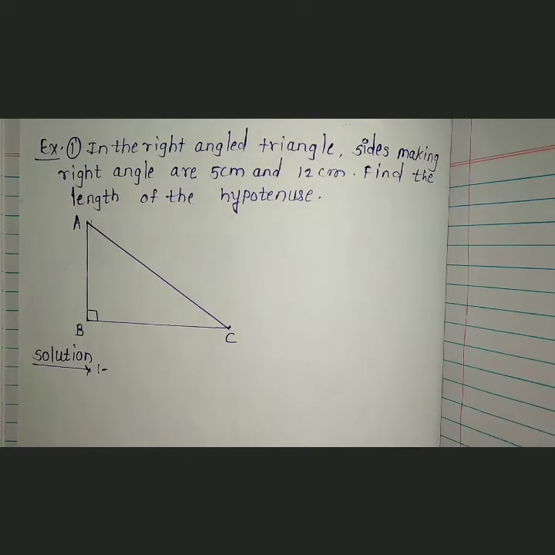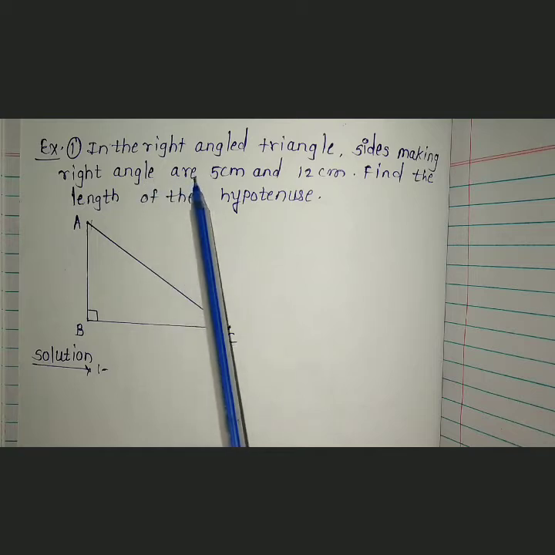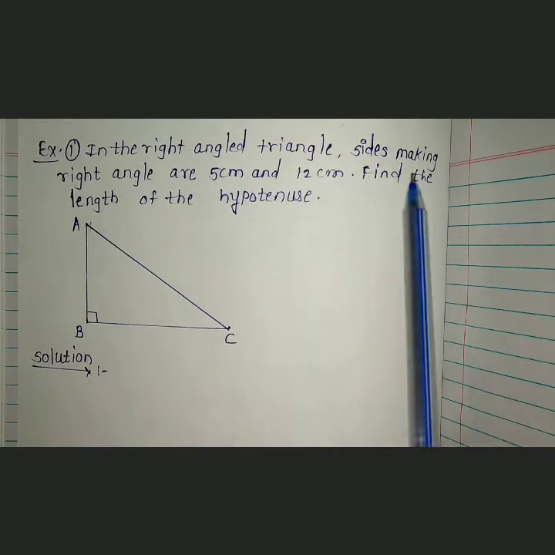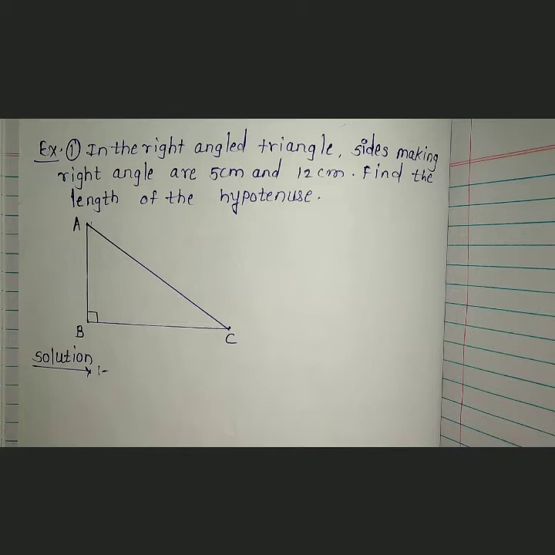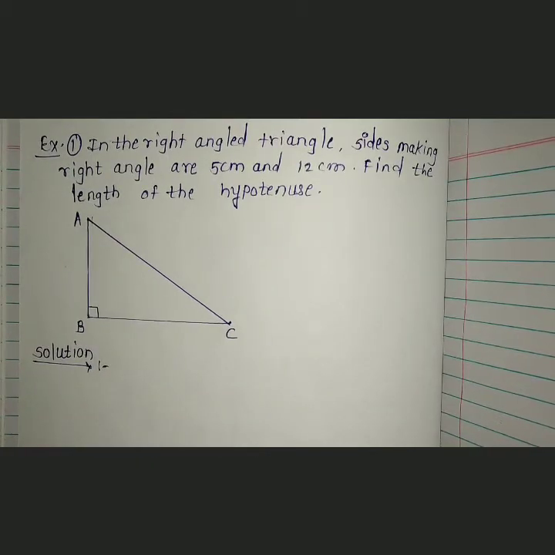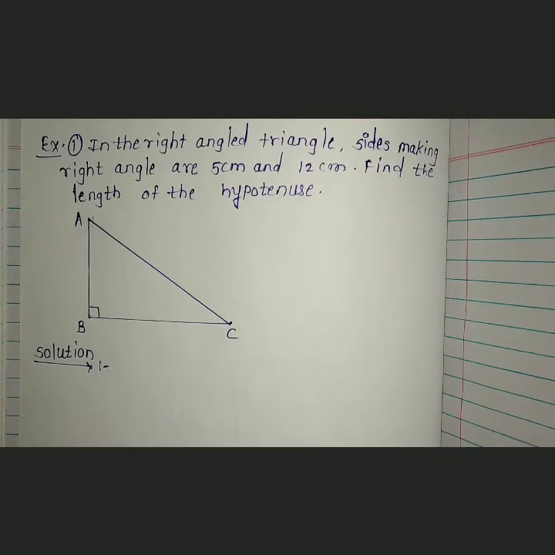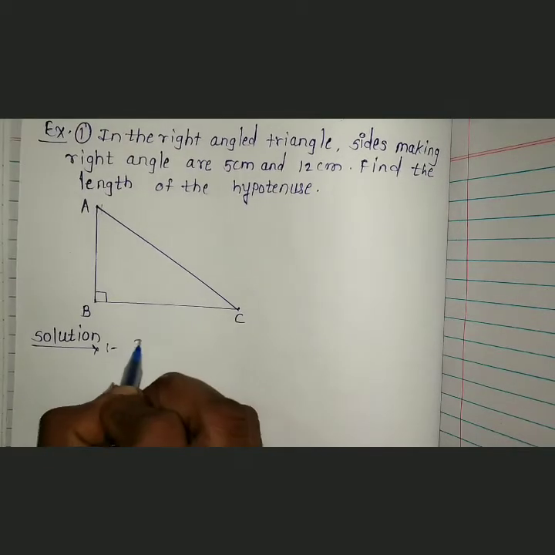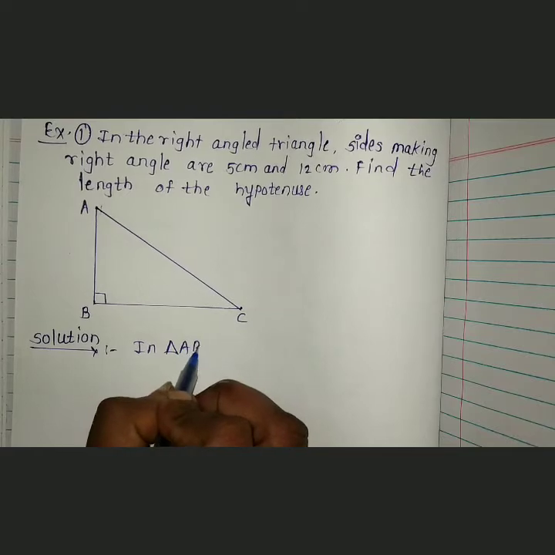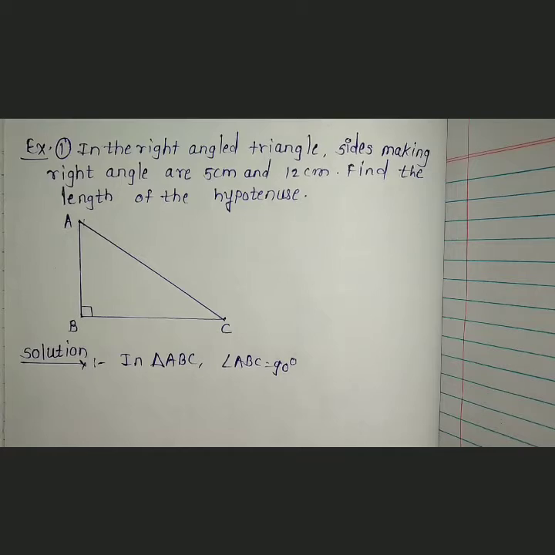Now the example on Pythagoras theorem. The first example: in a right angle triangle, the sides making the right angle are 5 cm and 12 cm. Find the length of the hypotenuse. This is triangle ABC, a right angle triangle. In triangle ABC, the measurement of angle B is 90 degrees.